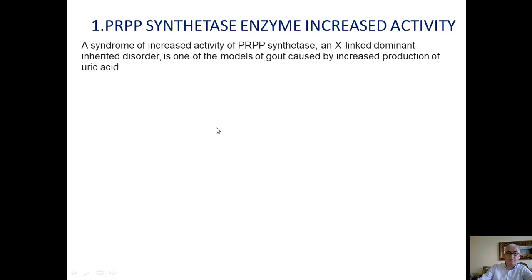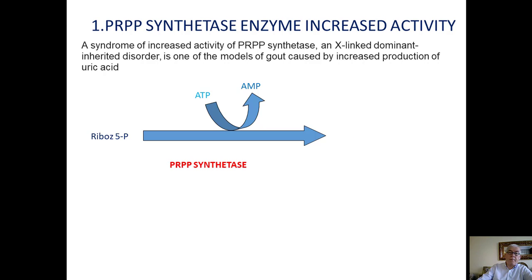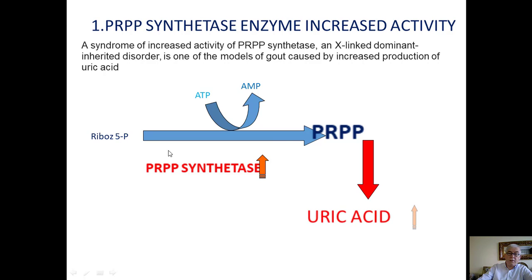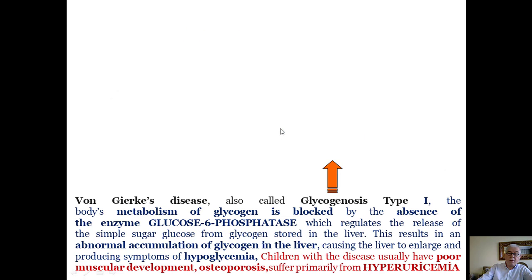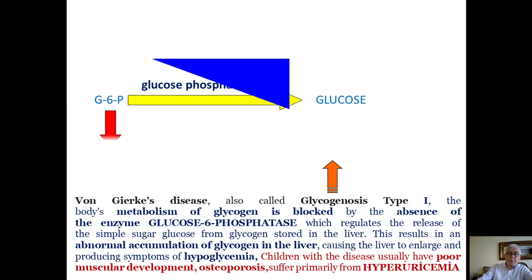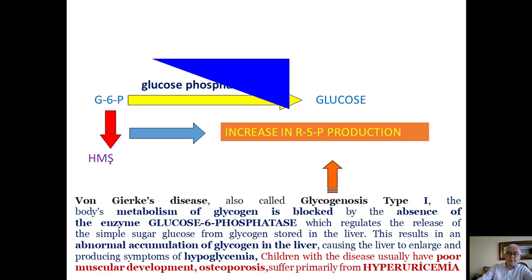Increased ribose 5-phosphate is a biochemical mechanism similar to increased PRPP synthetase enzyme activity. In this case, ribose 5-phosphate increases and results in increased PRPP molecule, which activates de novo synthesis.